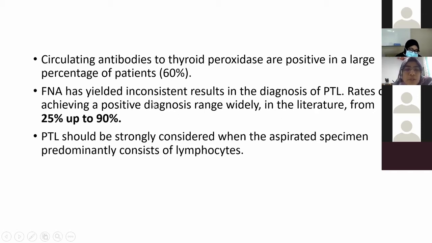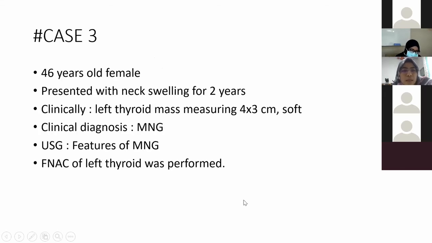The rates of achieving a positive diagnosis range very widely, from 25 up to 90% depending on the cellularity. PTL should be strongly considered when the aspirated specimen predominantly consists of lymphocytes. So I proceed to the next case, case number 3.